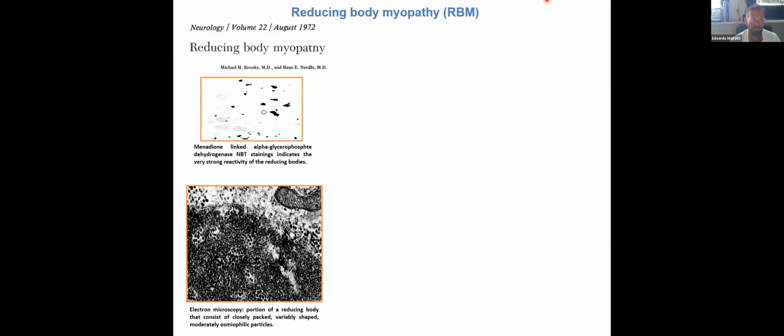They were described in 1972 by Brooke and Engel and Neville, sorry, associated with a congenital myopathy, where in the muscle biopsy of the patient there was apparent menadione alpha-glycerophosphate dehydrogenase strongly reactive material that, by ultrastructural study, corresponds to closely packed, variably shaped osmiophilic particles.